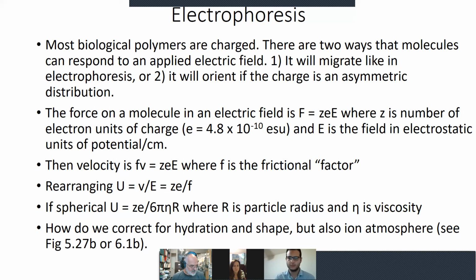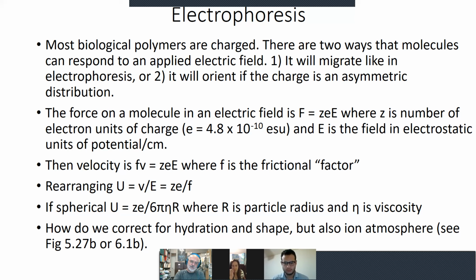If the particle is a sphere, then by definition, the frictional coefficient is 6 pi eta r, where eta is the viscosity and r is the particle radius. We'll call it the hydrated radius later, or the Stokes radius later. Okay. And then that's basically as far as you can go with a simple sort of way of thinking about things.